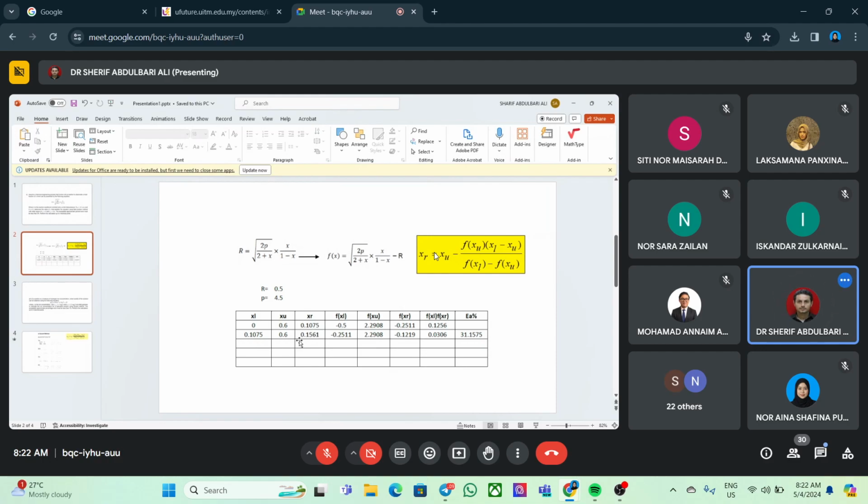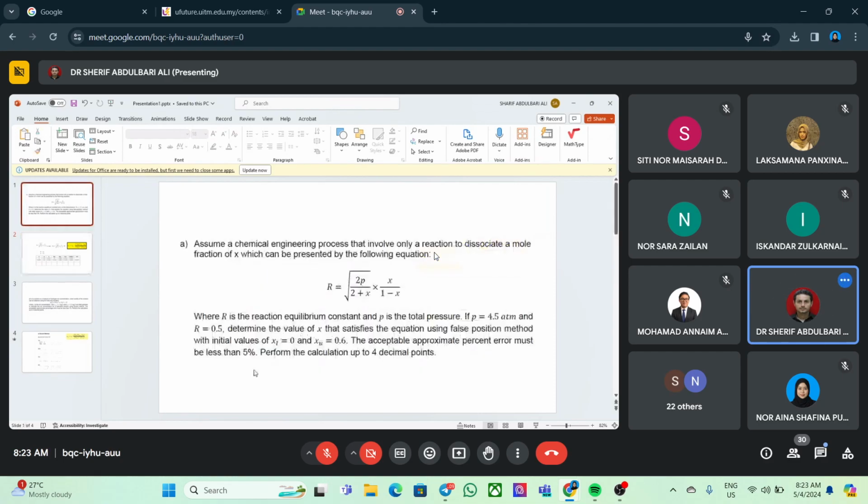XR new, which is 0.156, minus the old one, 0.1075, over the new one, 0.1561, times 100. So you get the answer 31. This is how to get the error: the new value of XR minus the old value of XR, over the new value of XR. So you need to iterate till the error is less than 5%.